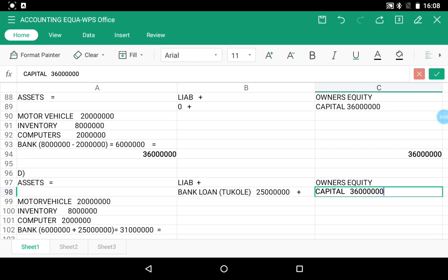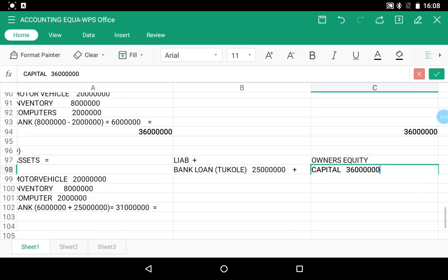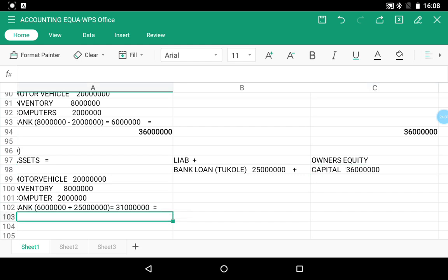So we don't have any other transaction. Now let's add. In short, we have 2 million plus 20 million plus 8 million plus 2 million plus 31 million. We shall get 61 million.